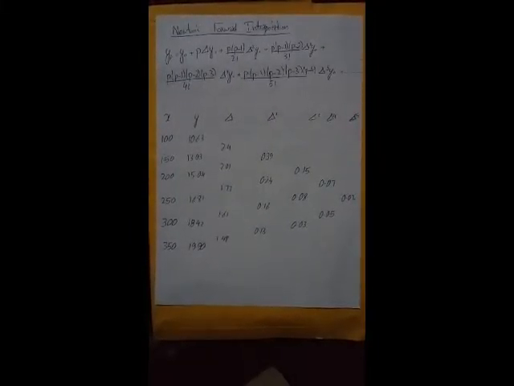So p becomes 140 minus 100 over h, where h is equal to 50. And next, delta y naught.